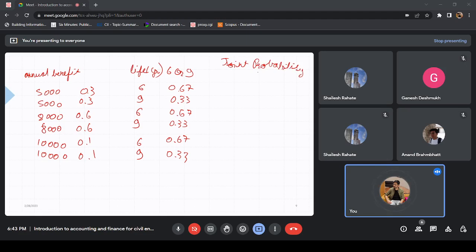Why this term? That is the probability of these two things, like 5,000 is your annual benefit, but the life is 9 years. So can you calculate it? Can anybody of you calculate this? What is the probability of both these things happening? Joint probability?